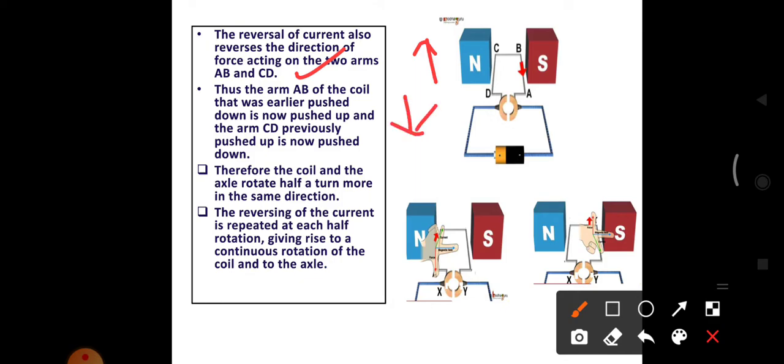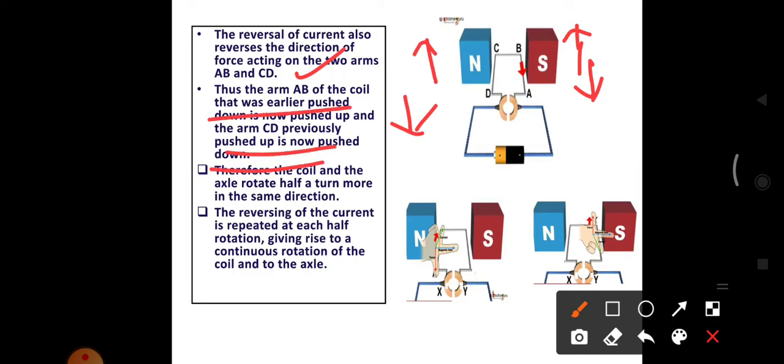In the starting, the AB arm experiences a force downward, but when the current direction changed, the direction of the force is upward. The arm AB of the coil that was earlier pushed down is now pushed up, and the arm CD previously pushed up is now pushed down.